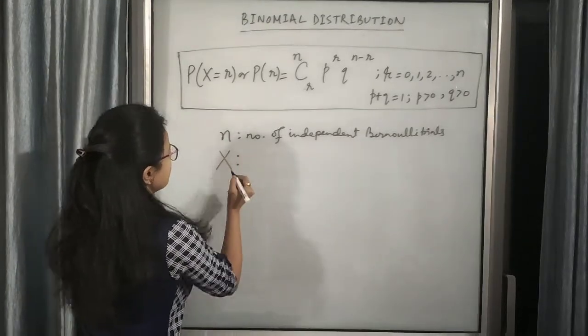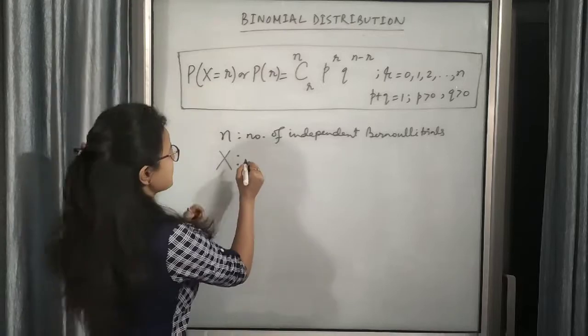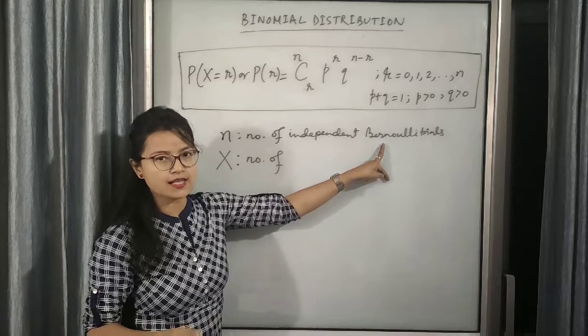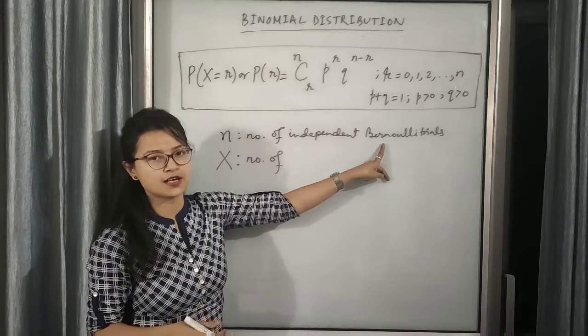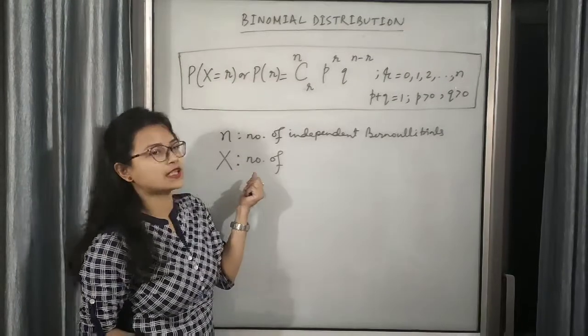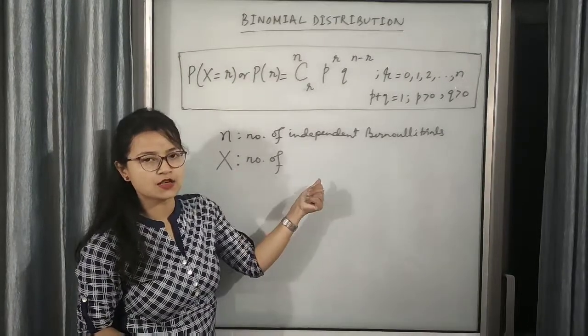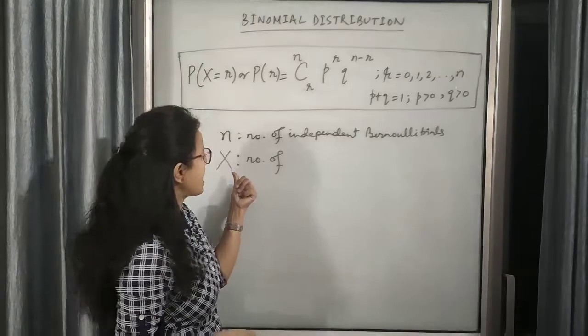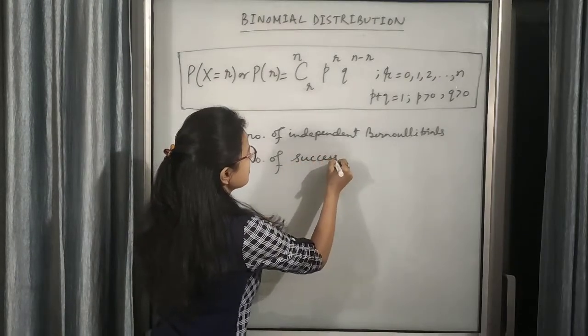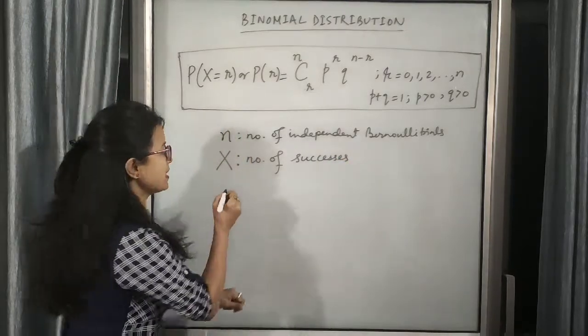Next, the meaning of the symbol capital X is: as the trial is a Bernoulli trial, with exactly two outcomes, you can consider them as success and failure. So X you can consider as the number of successes or number of failures. I am taking X here as the number of successes.